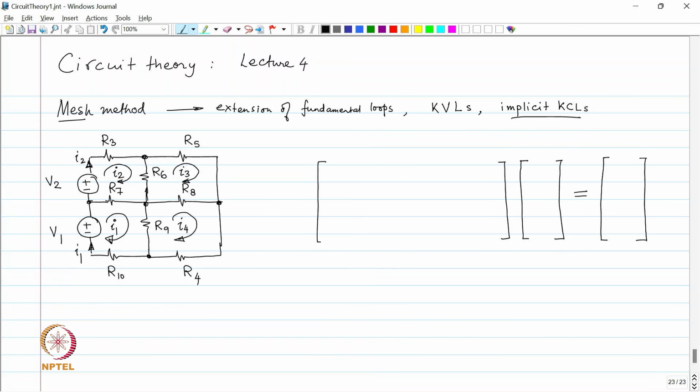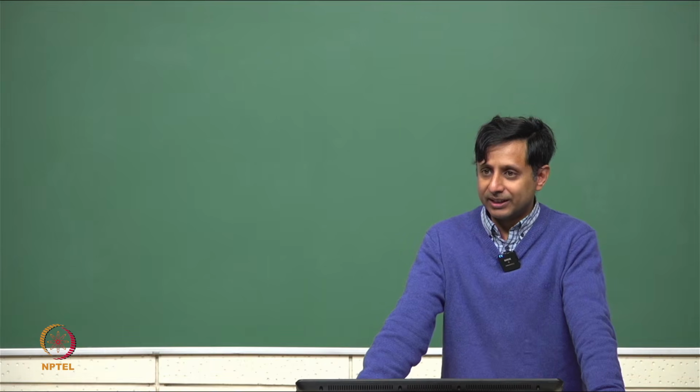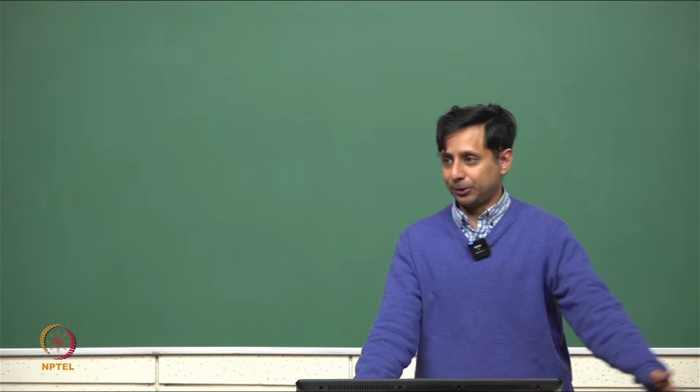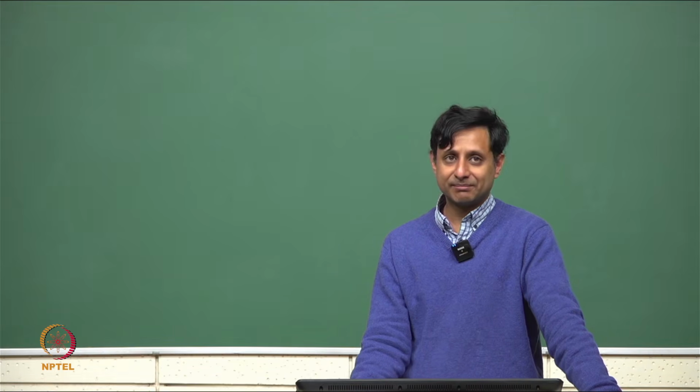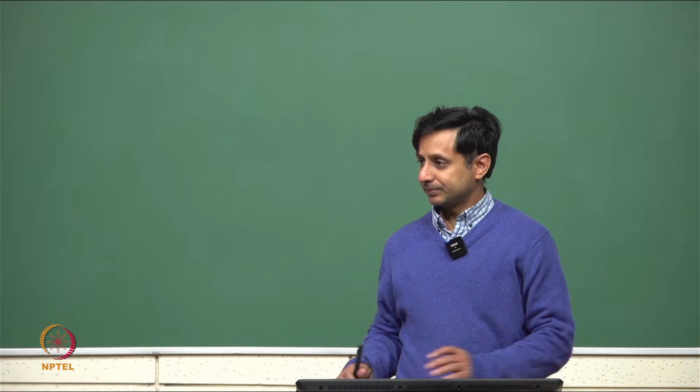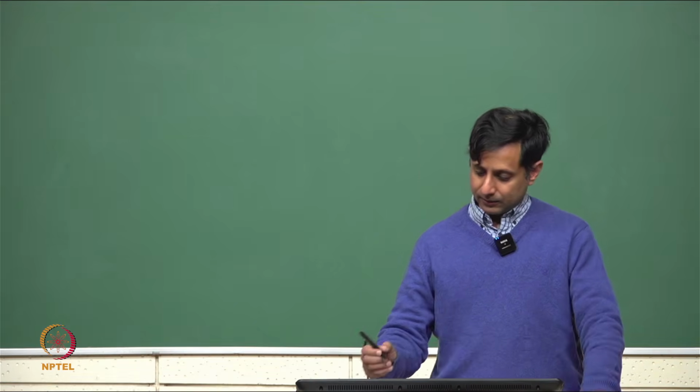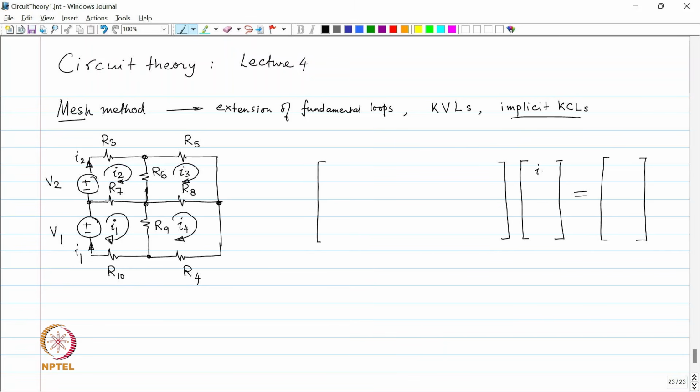So, the knowledge of just these 4 unknowns I1, I2, I3, I4 is sufficient for you to solve the circuit. You can do the rest, there is nothing much left. Fine. So, I1, I2, I3, I4 are the 4 unknowns.